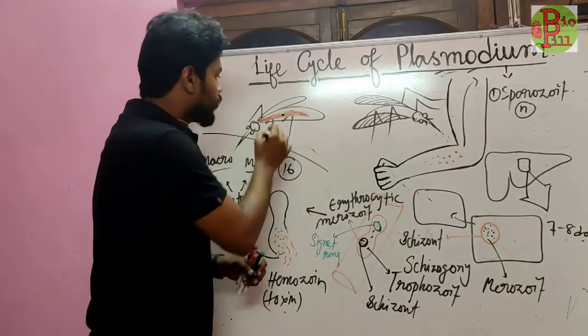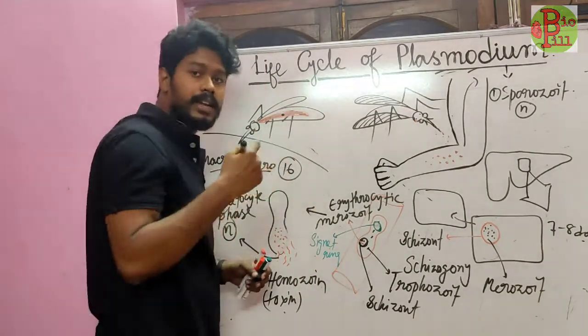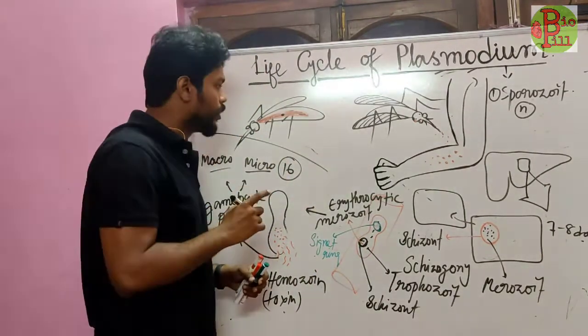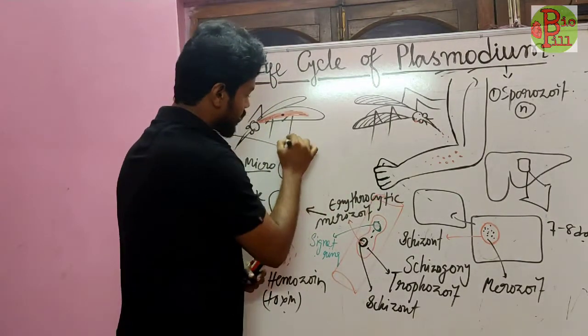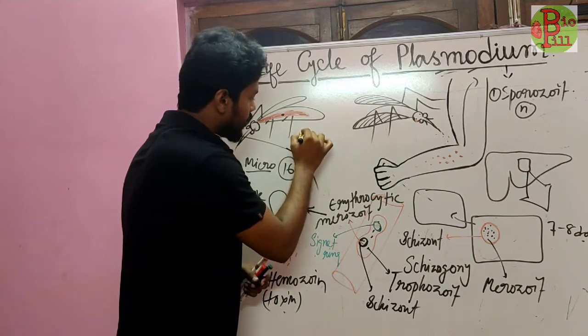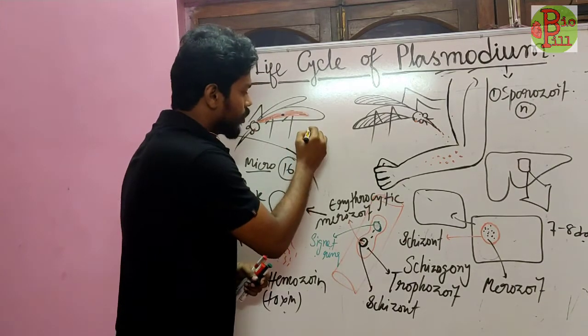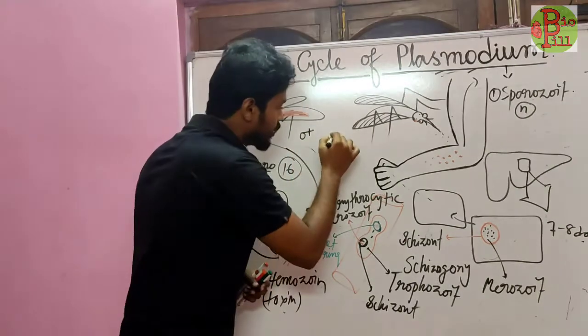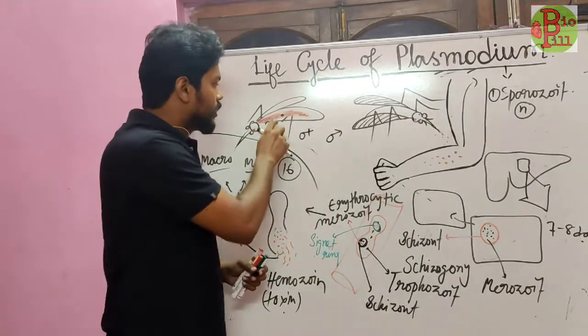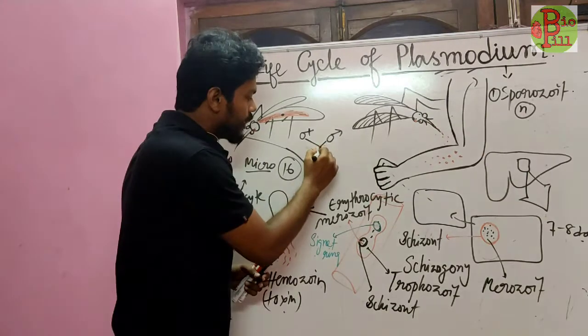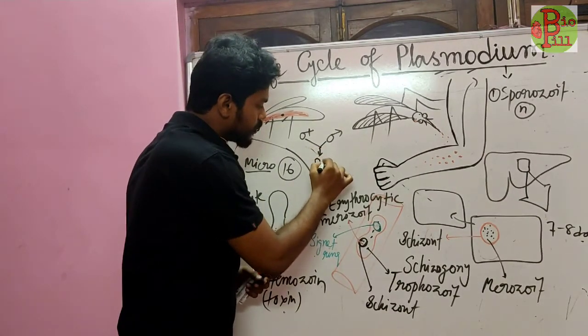Now what will happen? This gametocyte phase will transform into gametes, and they will produce two kinds of gamete. One is the macrogamete, which we call the female gamete, and another is the microgamete, which we call the male gamete. And now what will they do? They will fuse and produce an oocyst.